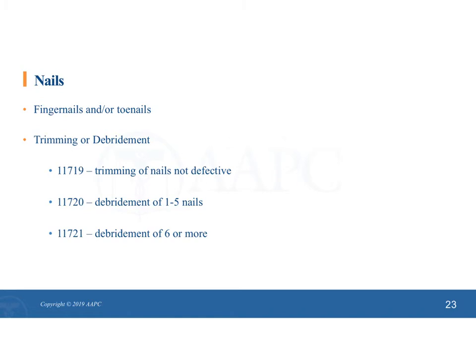You might be wondering why someone would go to the physician to get his or her toenails trimmed. An example would be of a person who is diabetic with peripheral neuropathy and has a loss of sensation in the feet. There's the danger of cutting the skin and not knowing it.